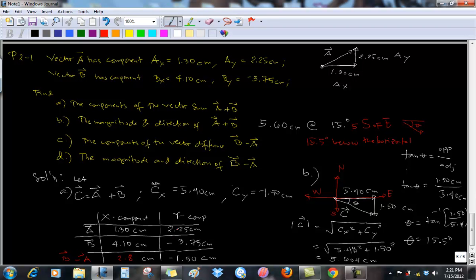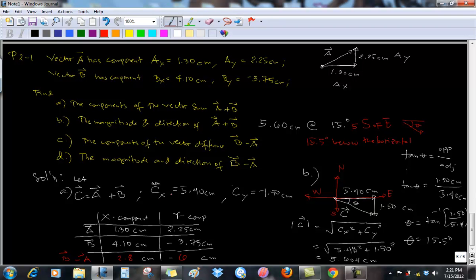Then, for the y component, same, B minus A. So, negative 3.75 minus 2.25 is negative 6. So, we replace this by negative 6.